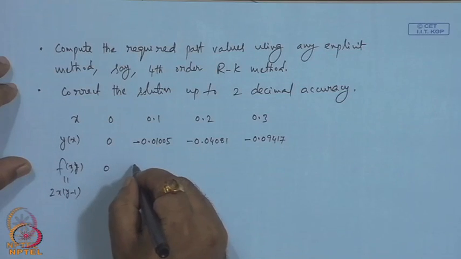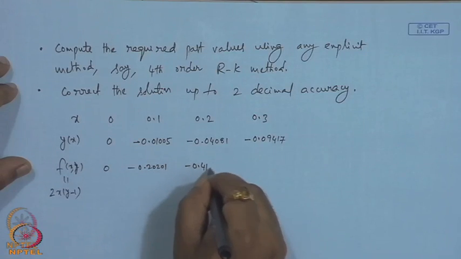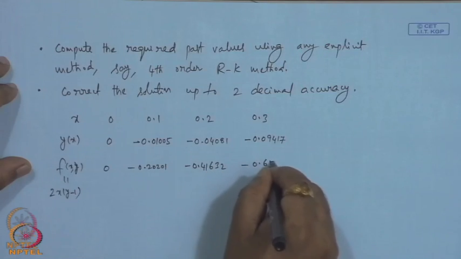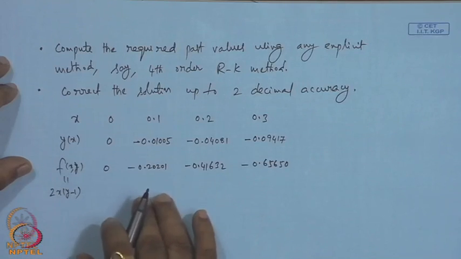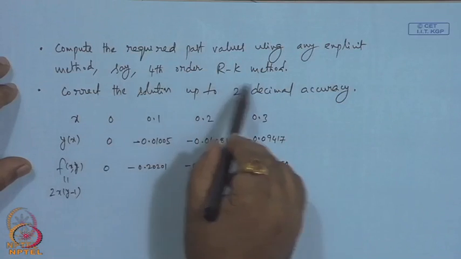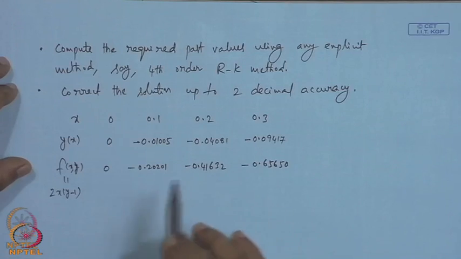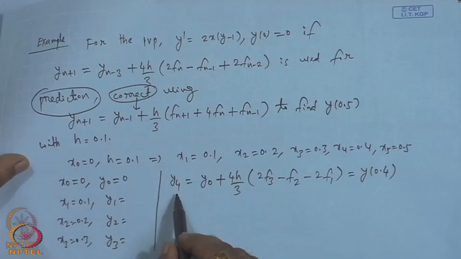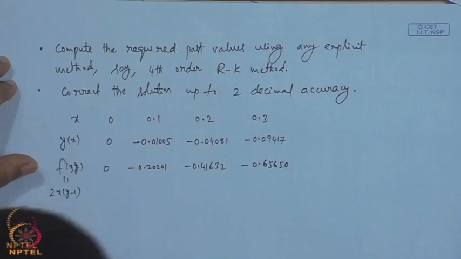So, for this value, remember these have to be computed using any explicit method, using fourth order RK, but just to save time I have given the data. Okay. So, now let us go for predicting y4 using this.